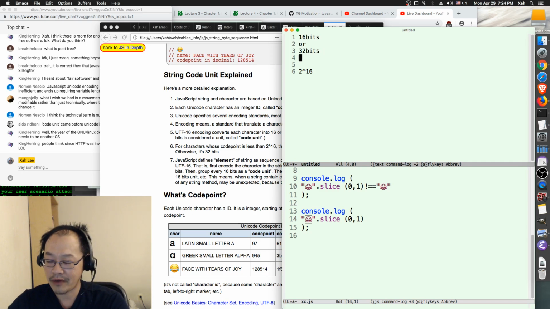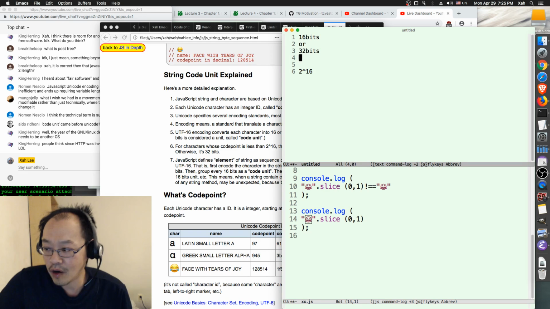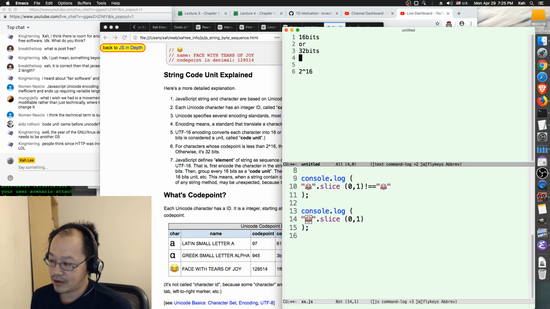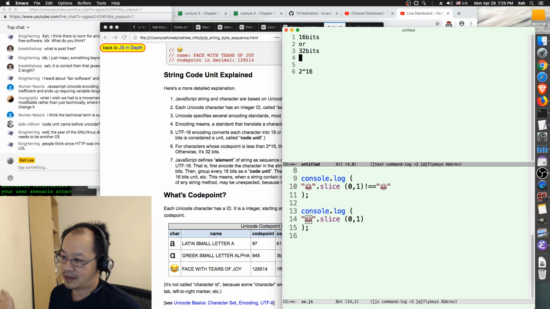Now let's talk about JavaScript string code units. What does a code unit mean? First of all, you are given a string. You take all the characters and convert them to UTF-16 encoding. Some characters will have 16 bits, some will have 32 bits, if the code point is beyond 16 bits.